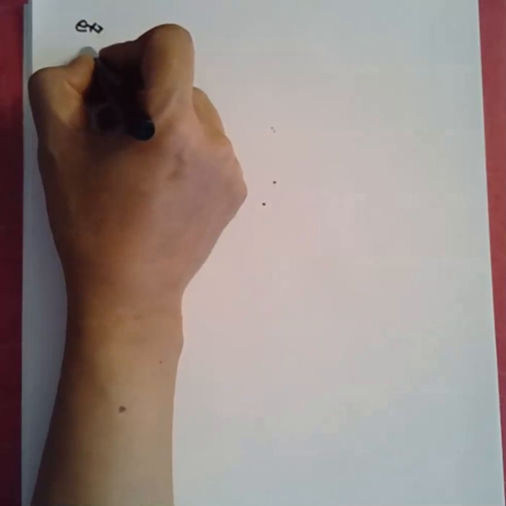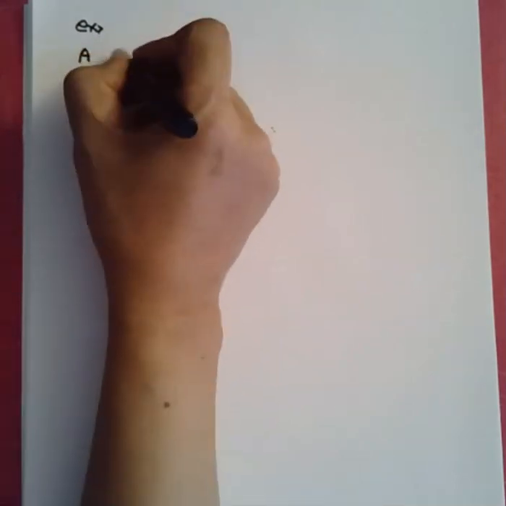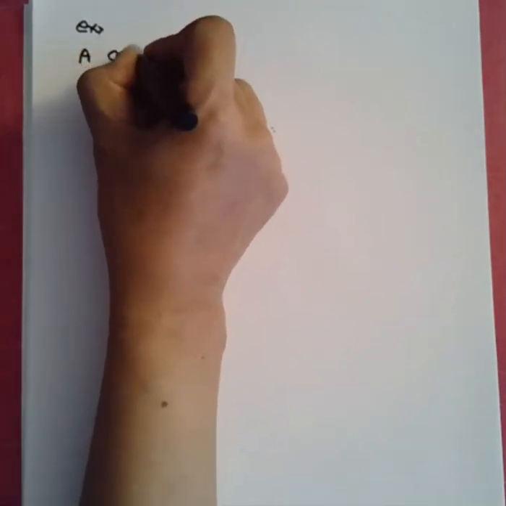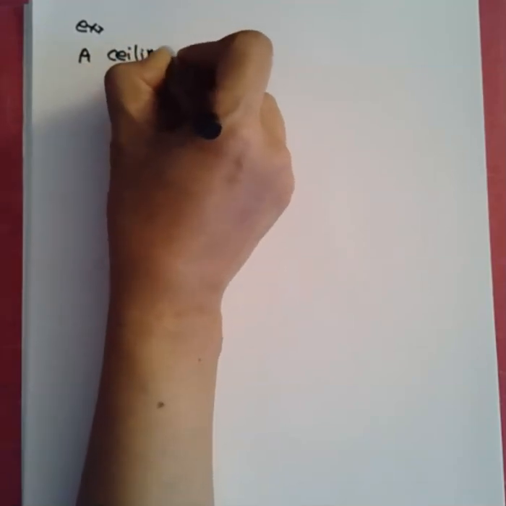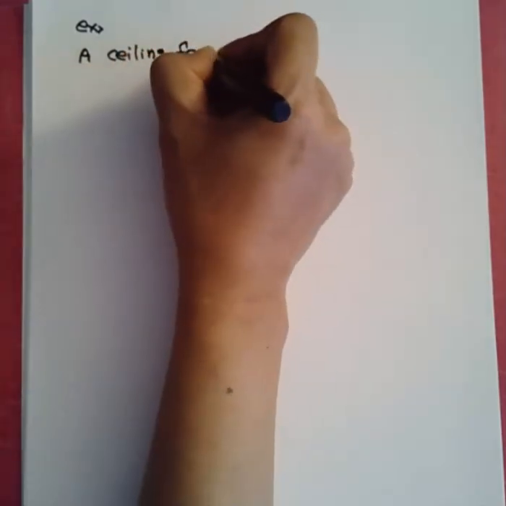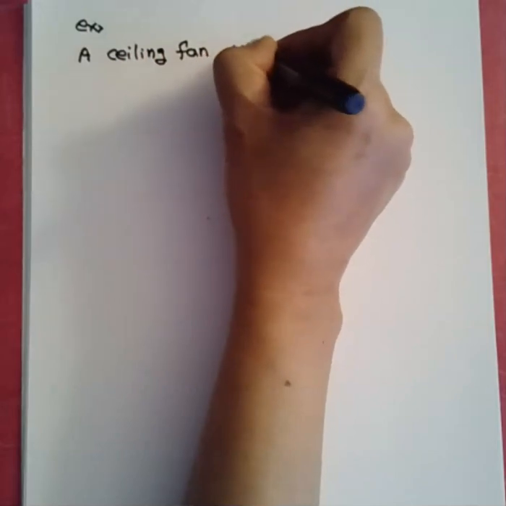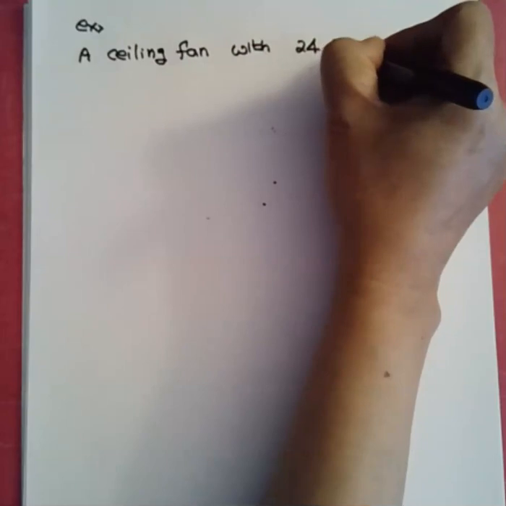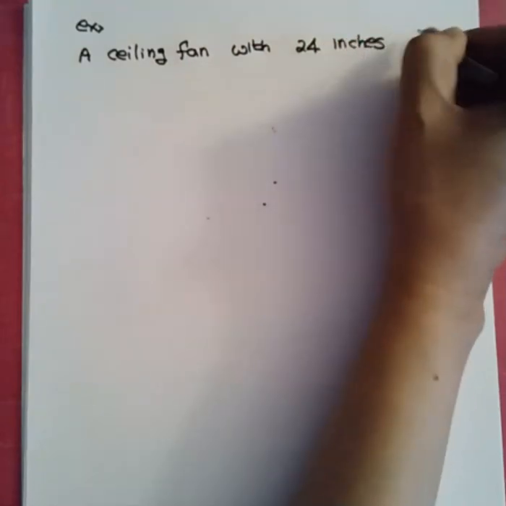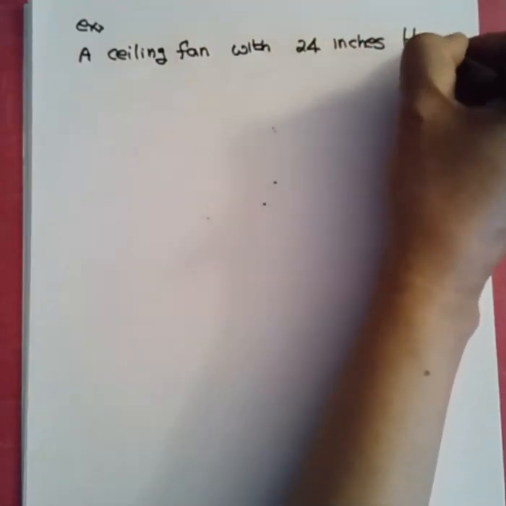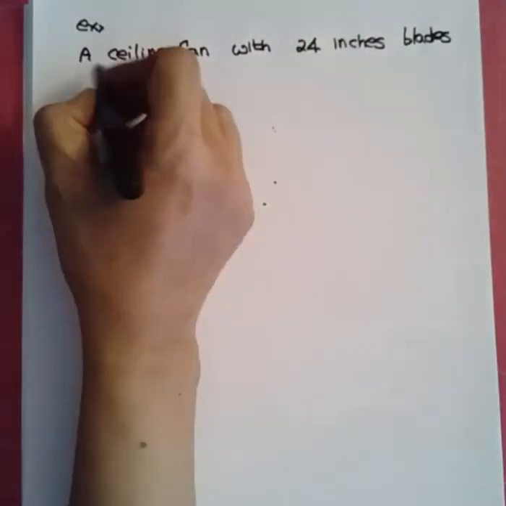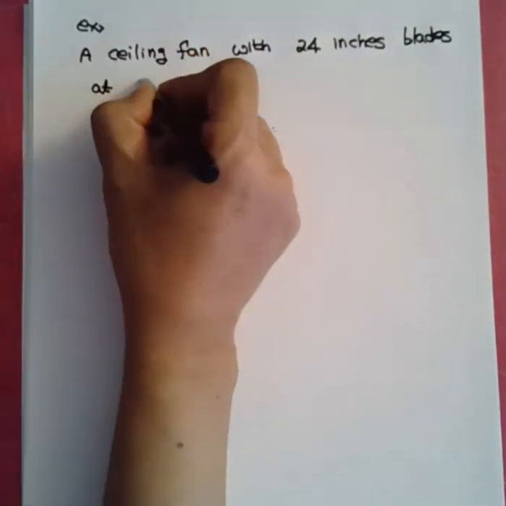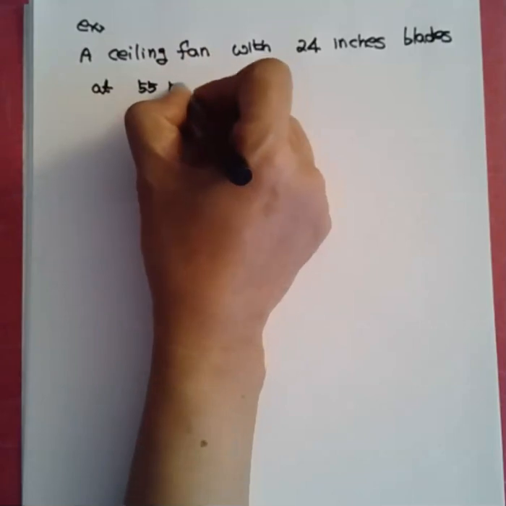Next example is the real-life application problem. A ceiling fan with 24 inches blades at 55 RPM.